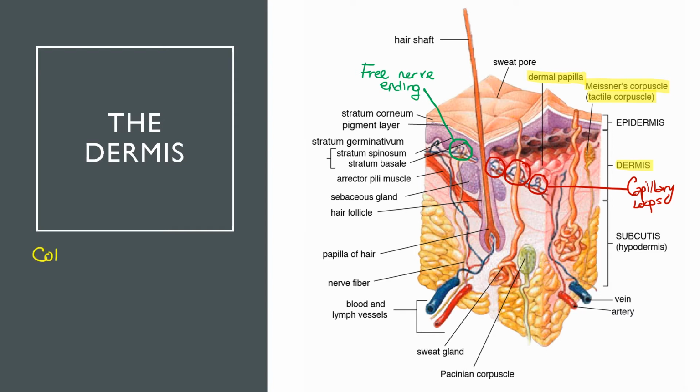The collagen fibers in the reticular region of the dermis are arranged in a regular, net-like manner. They're arranged like a net, and this arrangement really helps the skin to resist stretching.